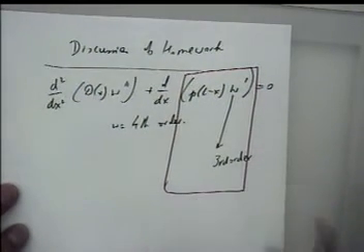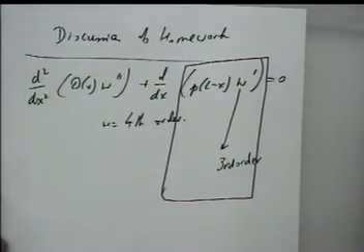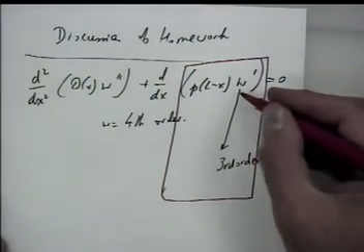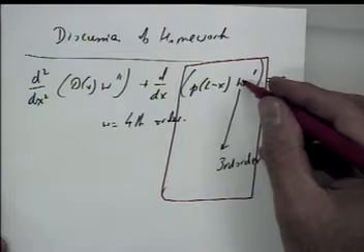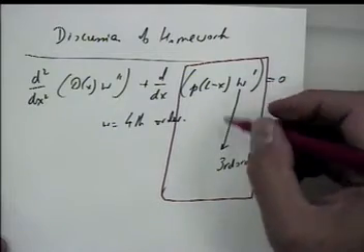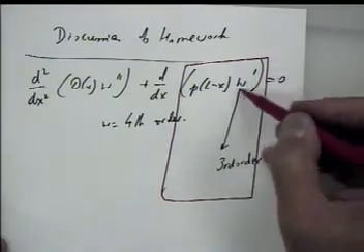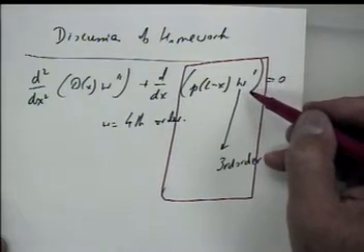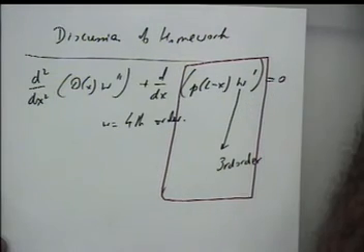This red guy. This w prime: w is fourth order, first derivative is third order. How much is this product? What order of polynomial, Mr. Penteras?